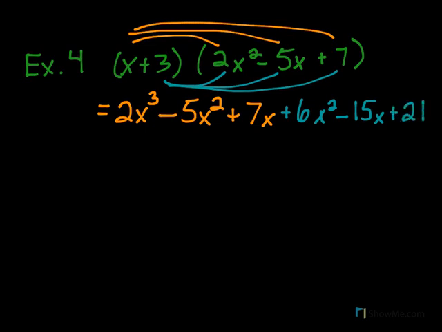Notice that I used the first term of my first binomial and multiplied everything times x, and then I took the second term and multiplied everything times 3. Now, perfect. Because this is long, what I can do is try to find some terms that I could combine.